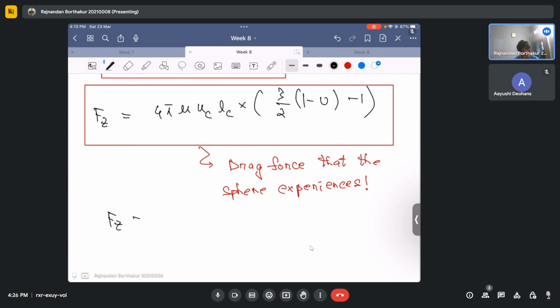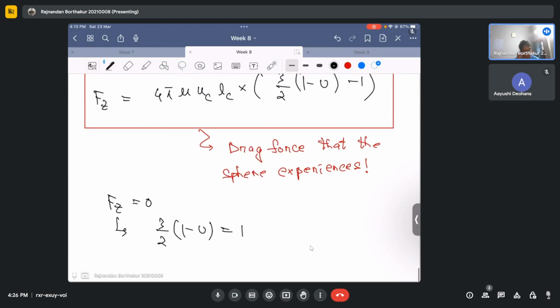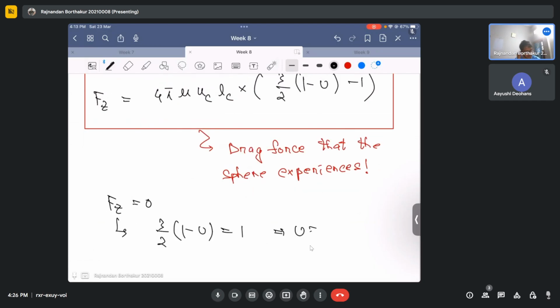If I now equate this Fz to 0, this will give us that 3 by 2 into (1 minus u) is equal to 1, which means u is 1 minus 2/3 basically.